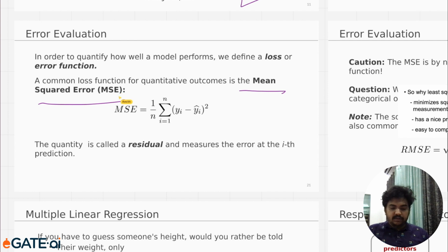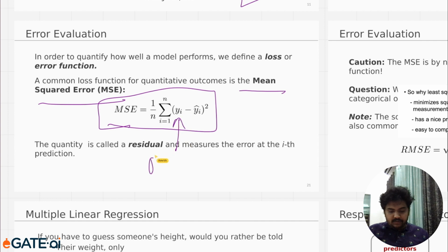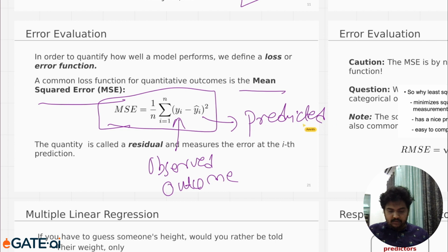And how is the mean squared error calculated? It is calculated as the square of the difference between the true outcome or the observed outcome and the predicted outcome, and we sum it for every n observation.